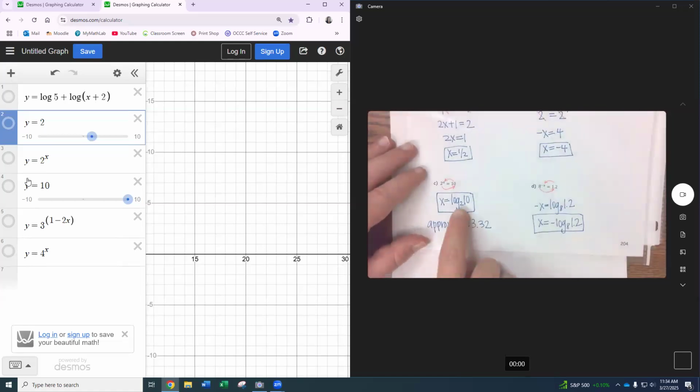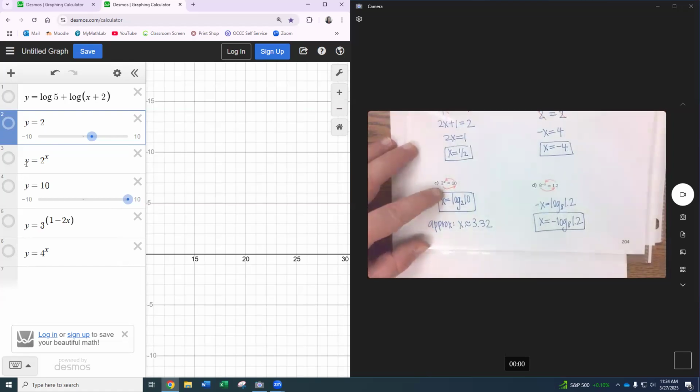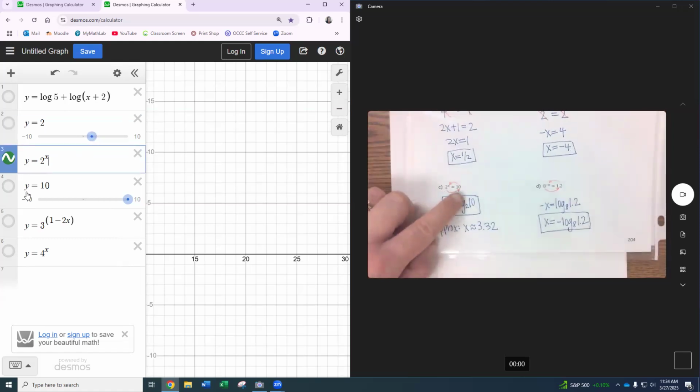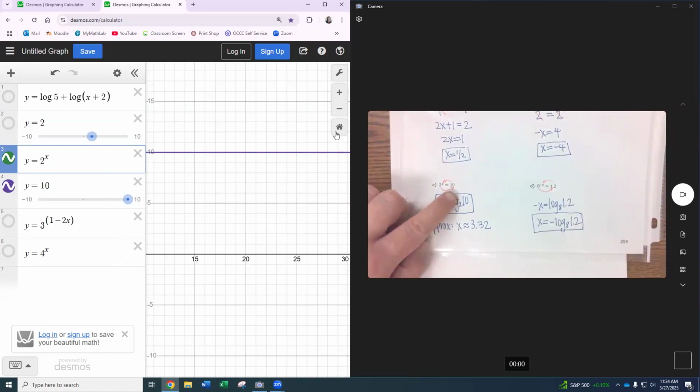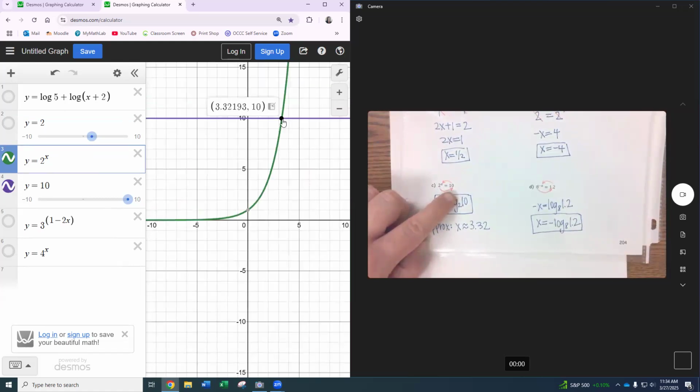Again, that limitation though is what happens when this doesn't come out to a whole number, right? So if I'm solving this, which is almost the exact same one we just did, I have y equals 2 to the x, and then I have y equals 10. I go back home here.